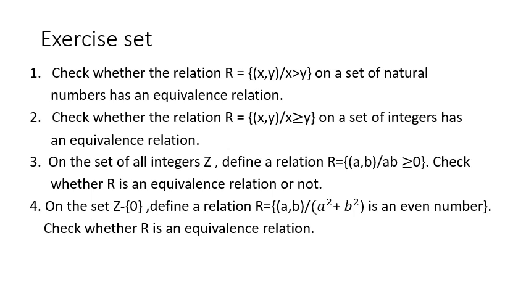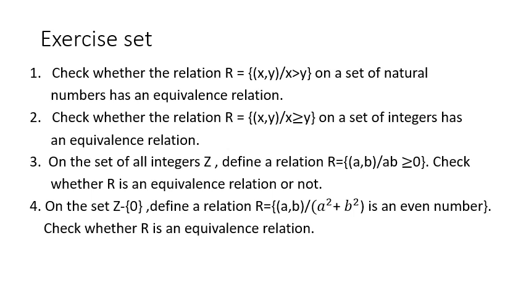Then the fourth one: on the set Z minus the singleton 0, define a relation R equal to the set of ordered pairs (A, B) given A square plus B square is an even number. Check whether R is an equivalence relation. That means consider the set of integers, exclude 0 from that set, and take a relation such that A square plus B square is an even number, with A, B from Z minus 0.